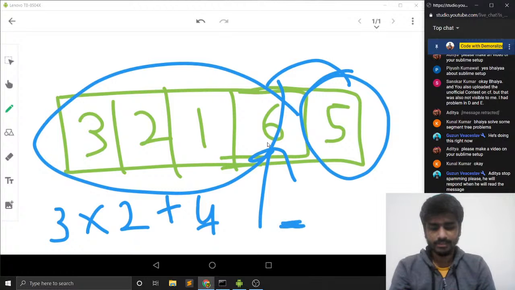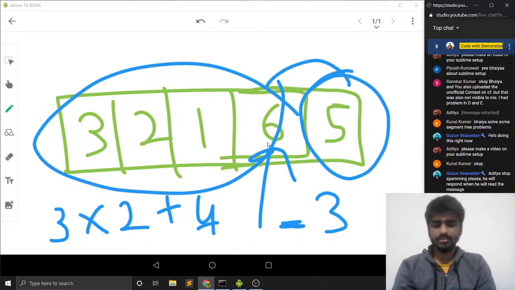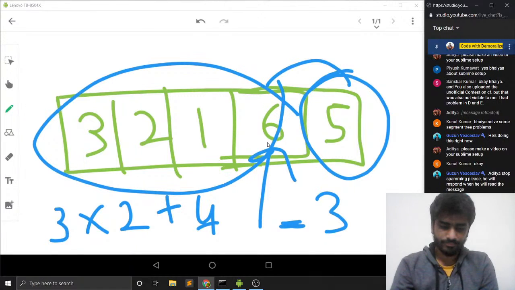Then I will subtract something. So what will I subtract? I will subtract 3. Okay, so that's why I'm getting 7. But I think that is fine.